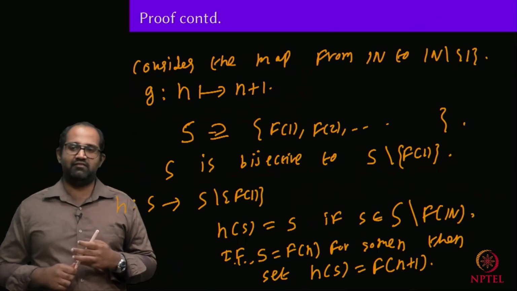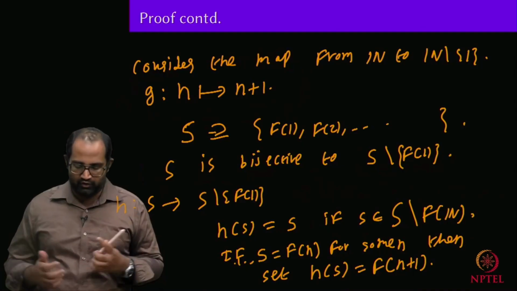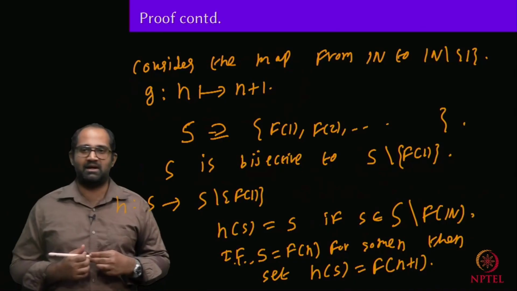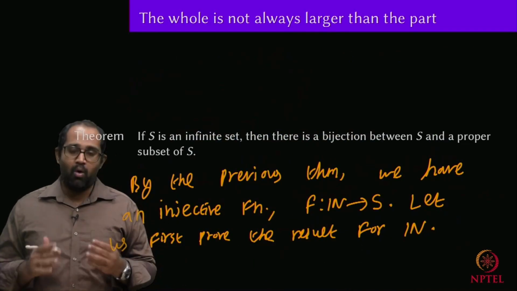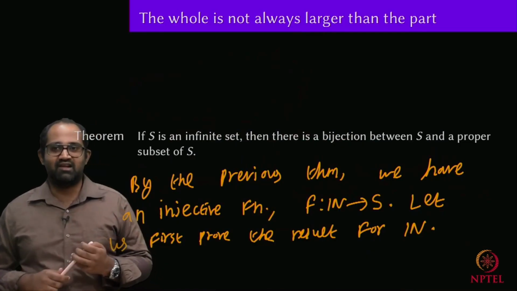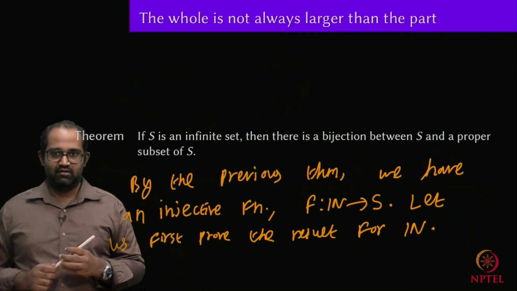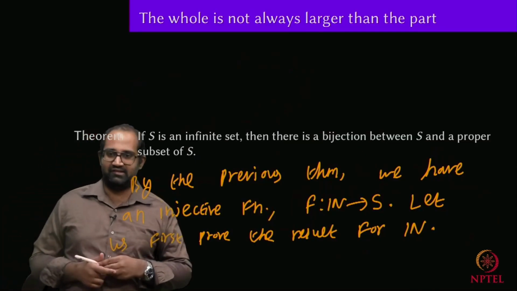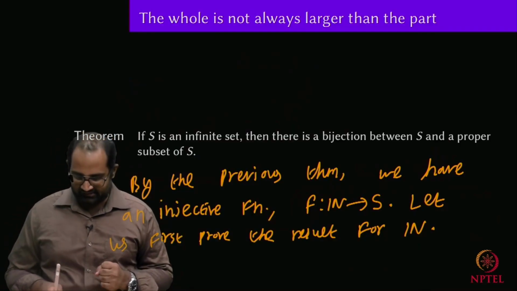There is a fancy way to write down this function h using compositions. I am not going to do that, but if you want, you can; that might make it easier to see that this is a bijection. So, the net upshot is that the whole is not always larger than the part. You can have sets which have proper subsets which are bijective to themselves. This is a peculiar and unique property of infinite sets.